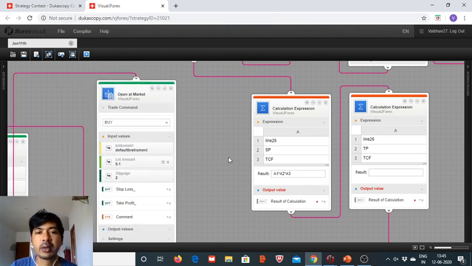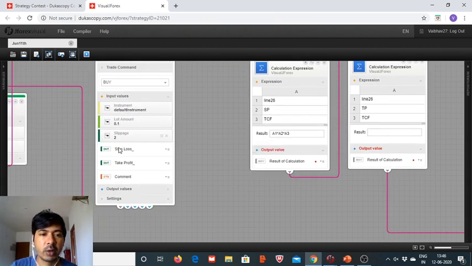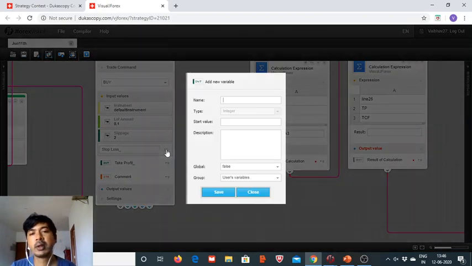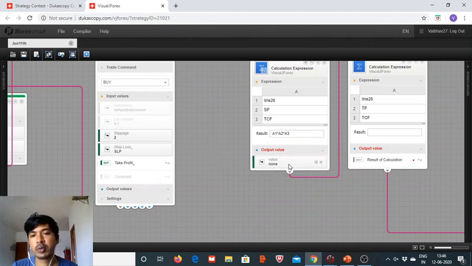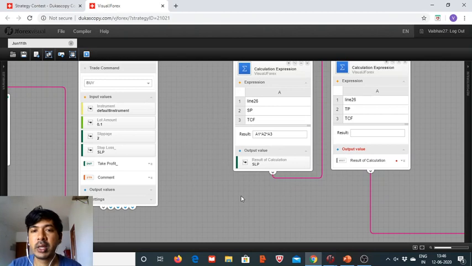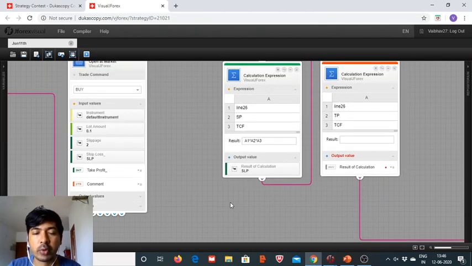We create the fresh variables in integer format, sorry. And that will be stop loss pips, and it will be equivalent to this calculation A1 into A2 into A3, that is the ATR into 0.2% into 10,000.